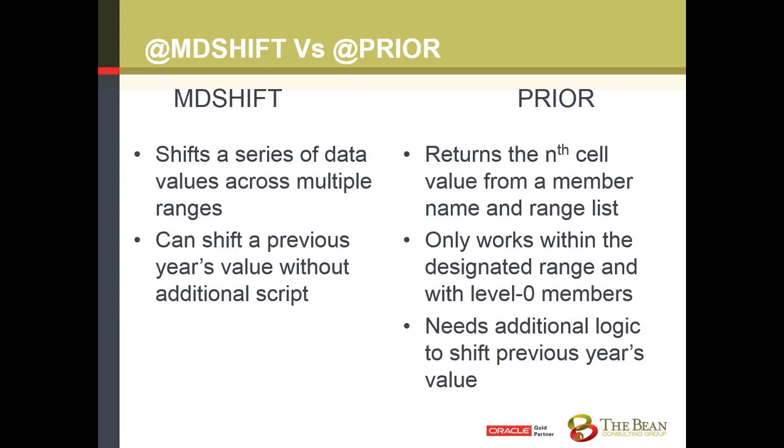You can achieve the same thing with @PRIOR, and we'll show you both examples here. @PRIOR allows you to return some prior member of a dimension, and you can specify which prior member you want to pull from that dimension. To do real time shifting with @PRIOR, though, you have to write a little bit more code, and we'll show that here.